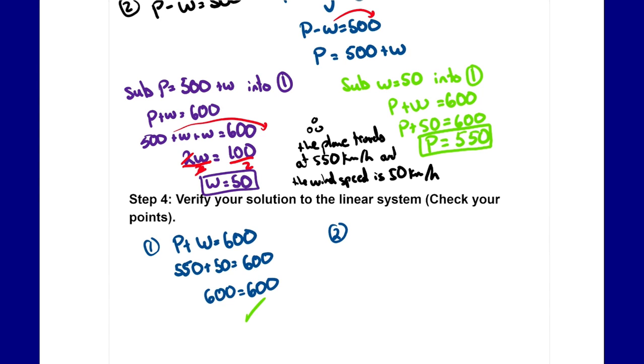And then in equation 2, we have P minus W equals 500. We have 550 minus 50 equals 500. 500 equals 500. So that works. So I've found the plane speed and the wind speed.